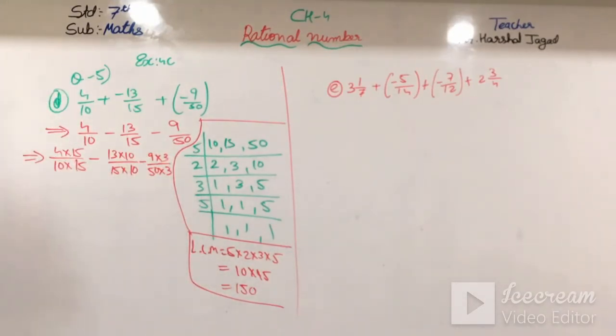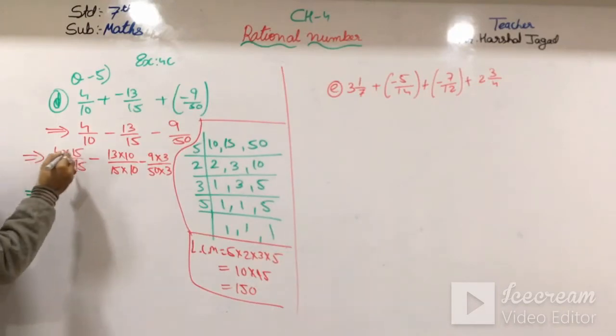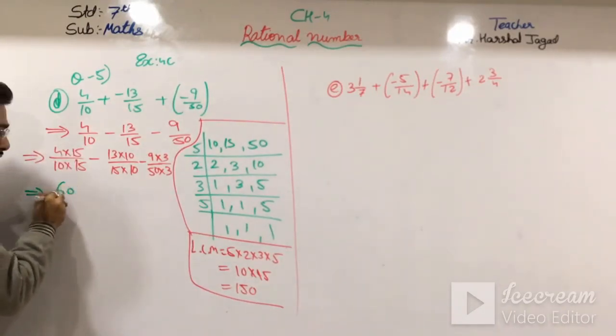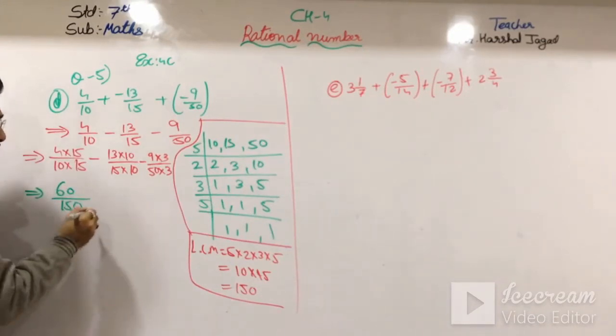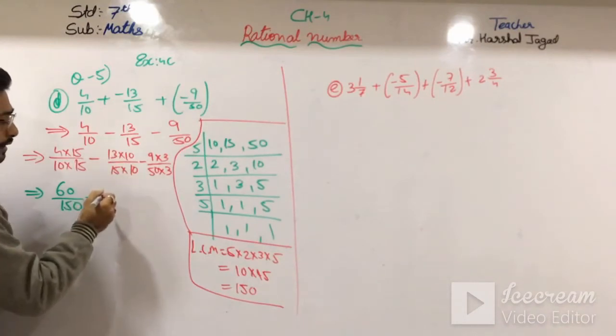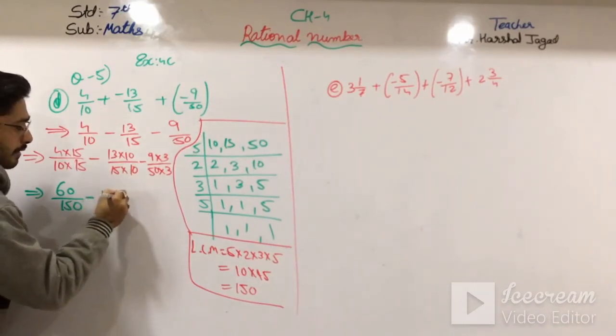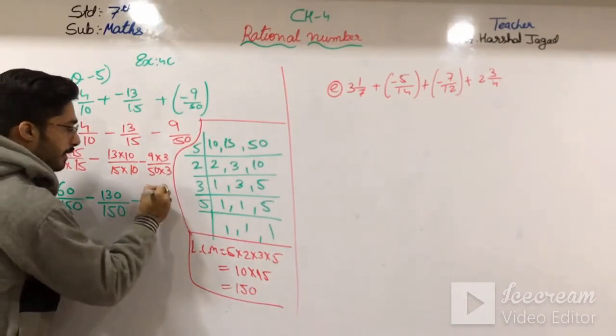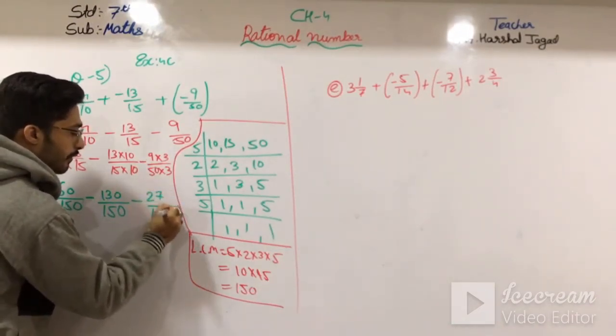So we will get 4 15s are 60, 60 upon 150, minus 13 into 10, that is 130 upon 150, then 9 3s are 27 upon 150.